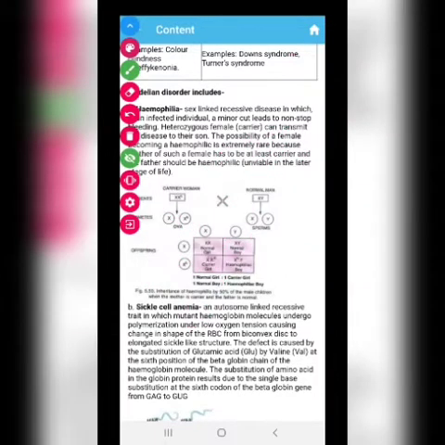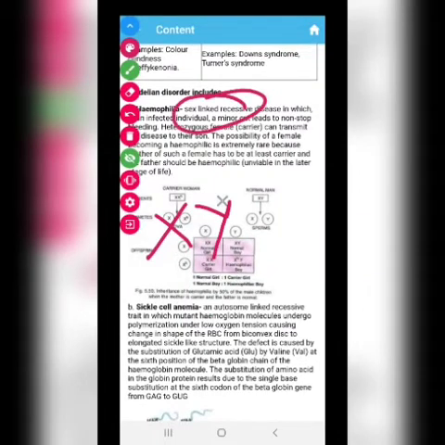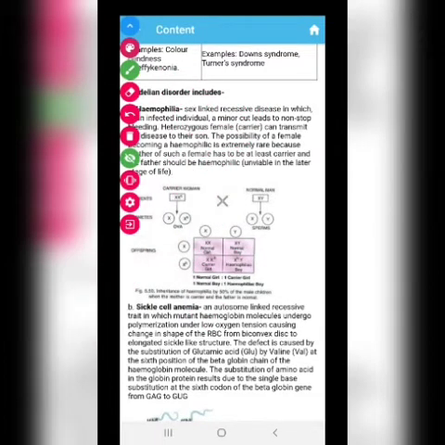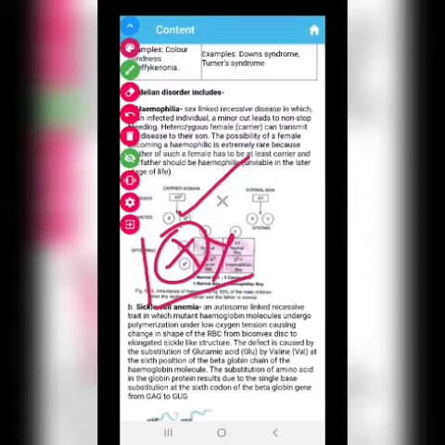But in the case of a male, a male contains only one X chromosome, and as I told you, it is an X-linked or sex-linked recessive disease. So if even only one X contains a hemophilic linked gene, the male becomes hemophilic. Just because of having only one X, the male becomes hemophilic faster than the female.